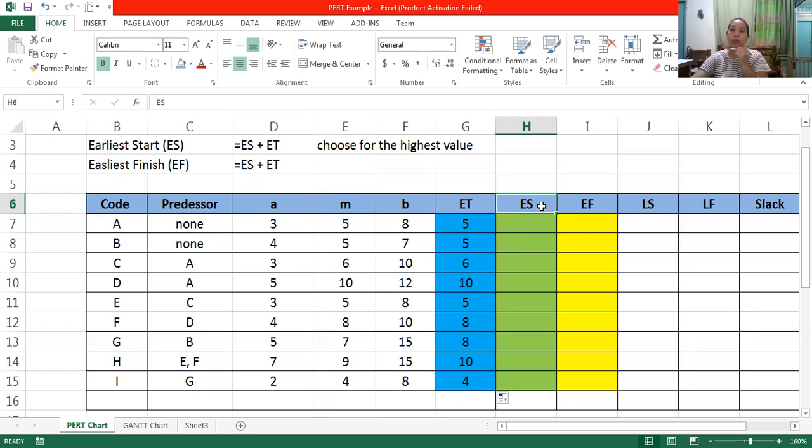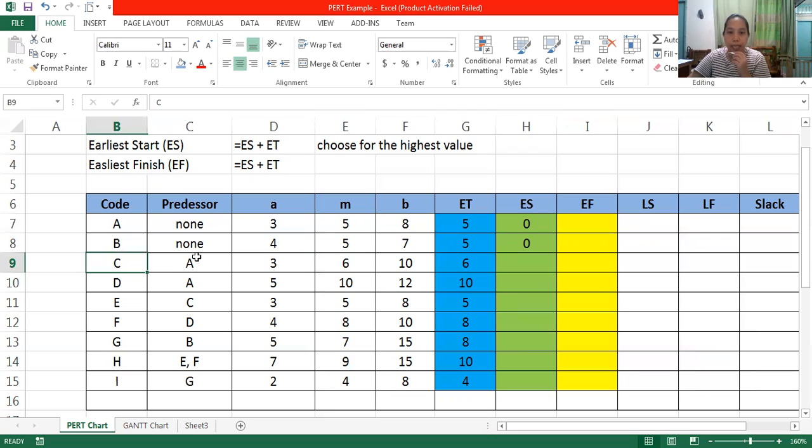Since this is none, it would start at the very beginning of the project. So we are going to put 0 there. Since there is no predecessor, it is 0.